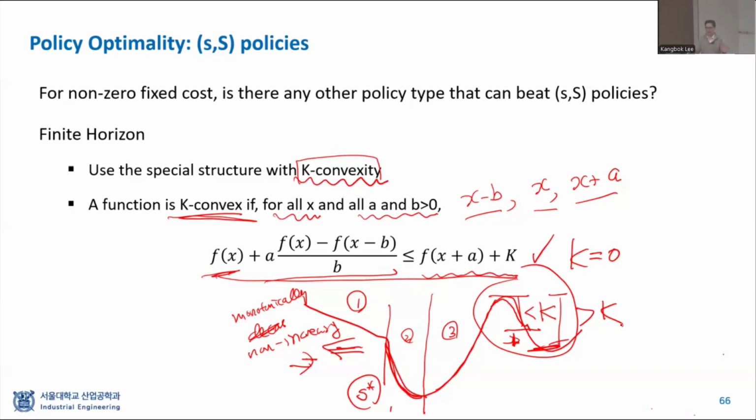But it is guaranteed that you cannot make any cost reduction higher than K. So there is no reason for you to make any order in region 3. This 1 to 3 result comes out only from this definition, which is amazing.